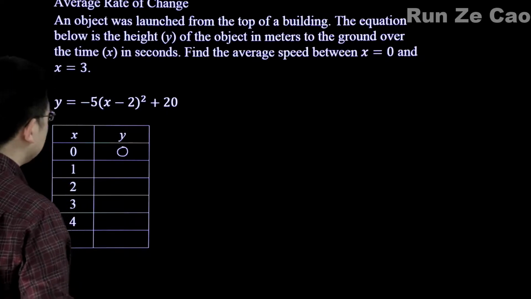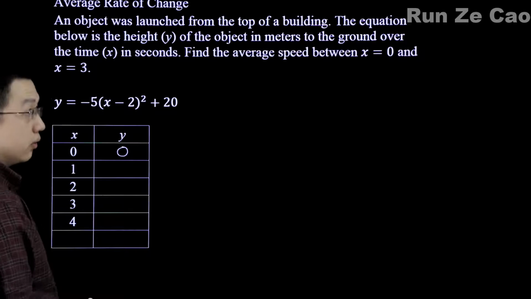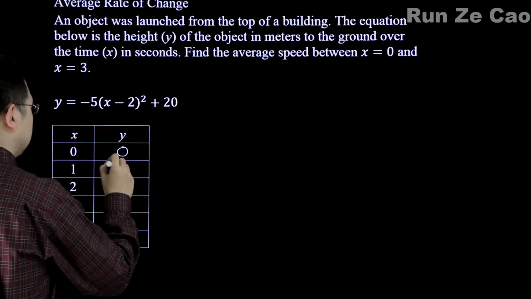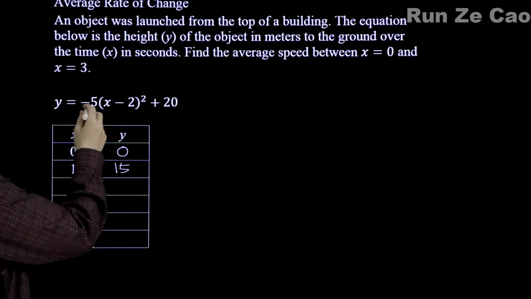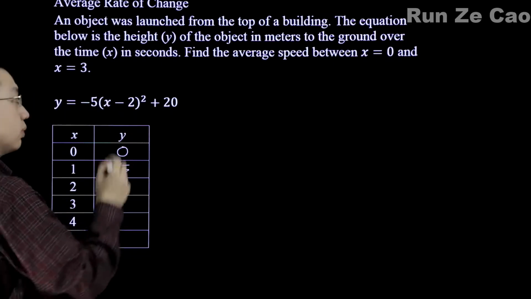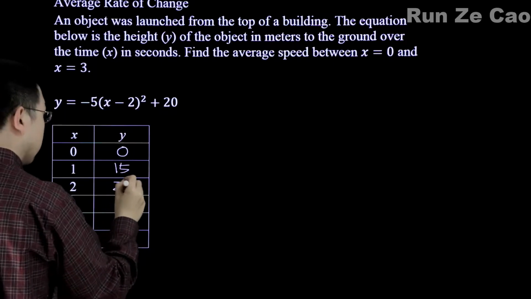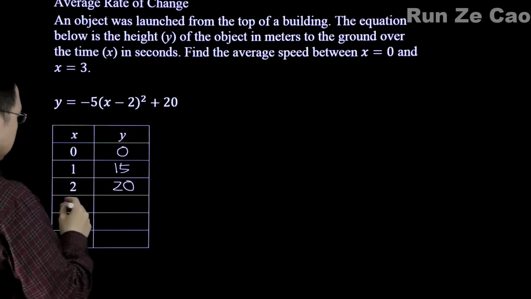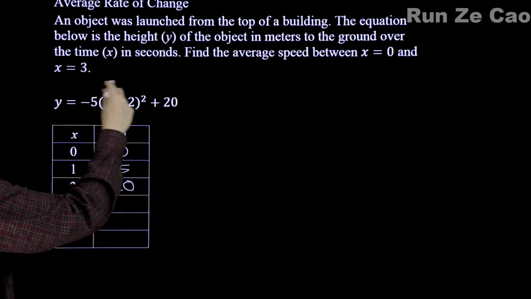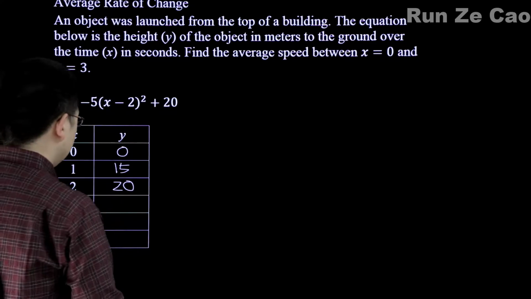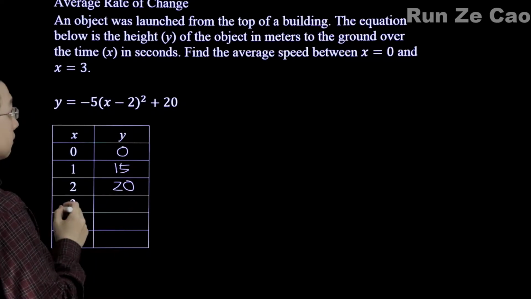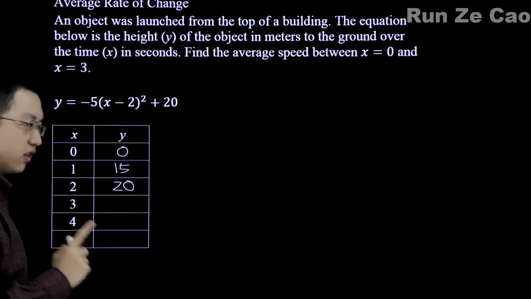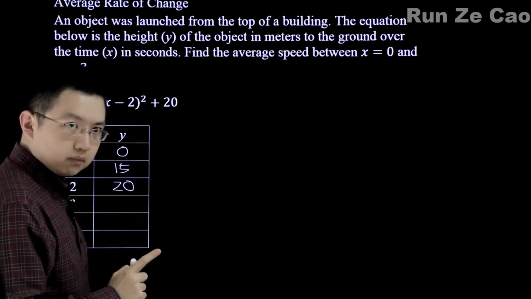Well, negative 5 times 1 is negative 5, plus 20 is 15. What about 2? Well, this whole thing is 0, plus 20, 20. And then we start going back down. We pass the top of the parabola, and we get to 3. This is part of the complexity of the problem.